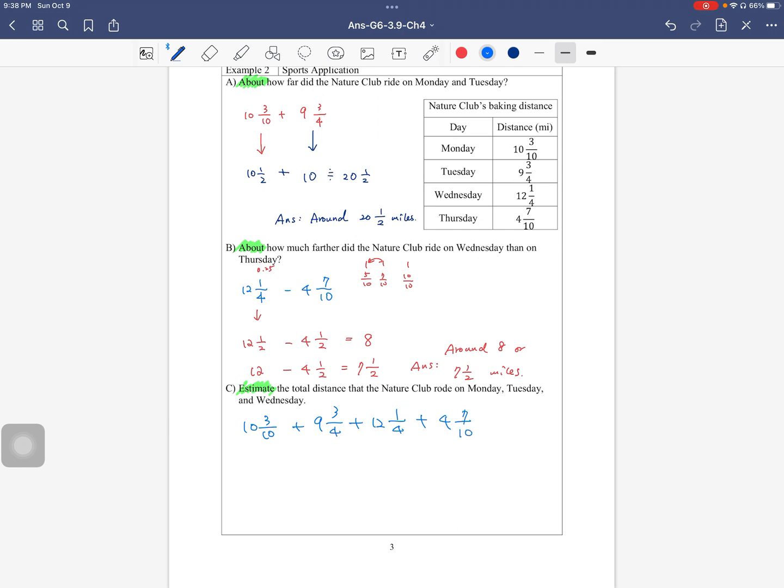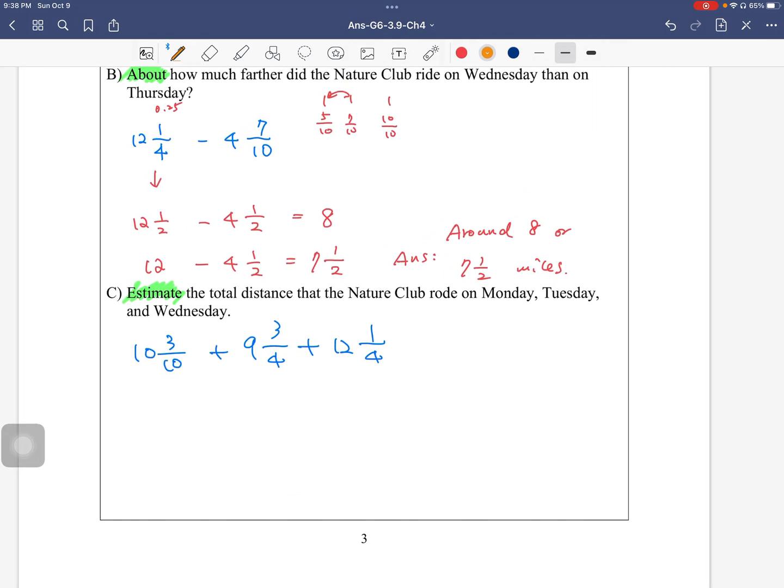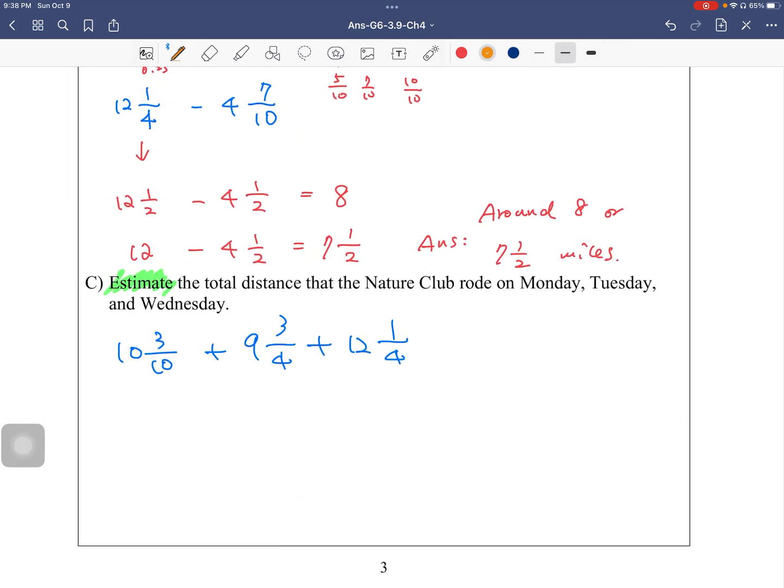Again, I estimate: 10 and 3 over 10 is like 10 and a half, plus 9 and 3 over 4, which is around 10 because it's closer to 1.